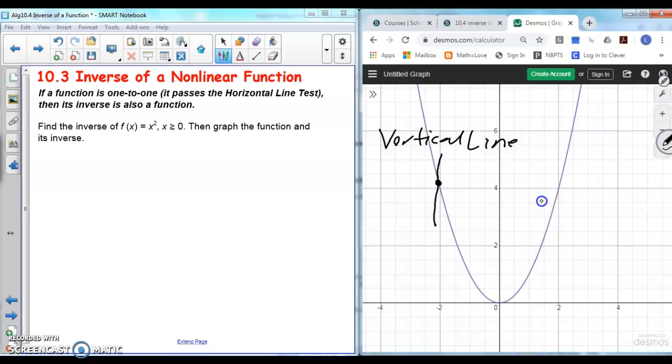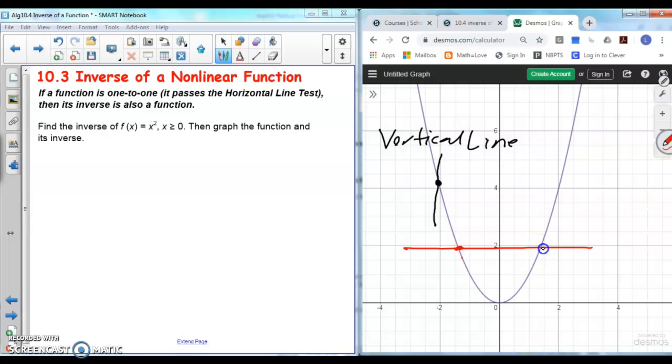Now there is another test that's called the horizontal line test, and it can be used to figure out whether a graph is one-to-one. So if I draw a horizontal line, how many times does my red line cross the graph?